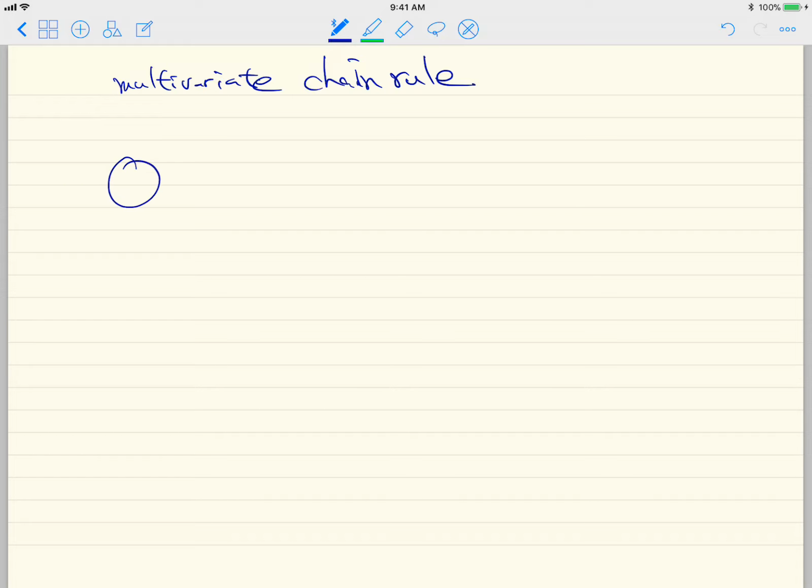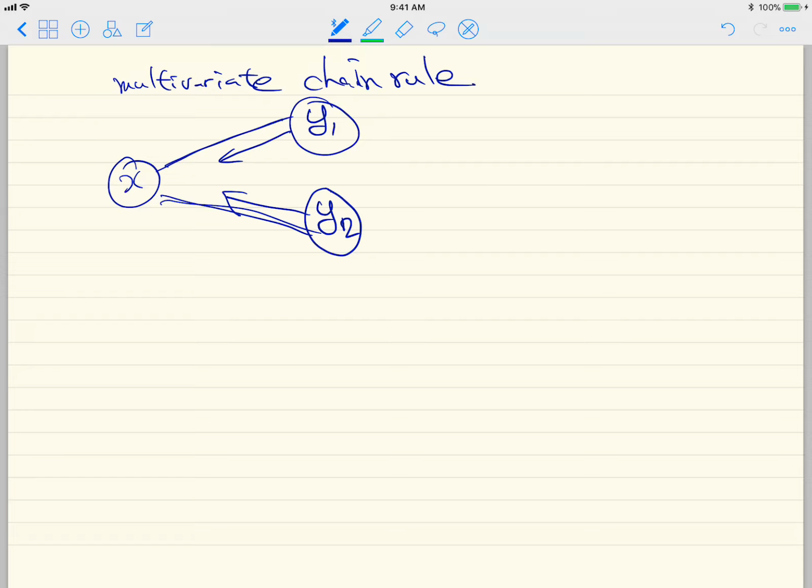So for example, if we have a node x, and it has 2 branches in our computational graph, the gradient coming from these 2 branches will be added together. Suppose these are y1 and y2. Maybe we may have more, but eventually our final function will be a scalar function. I mean the output value will always be scalar.